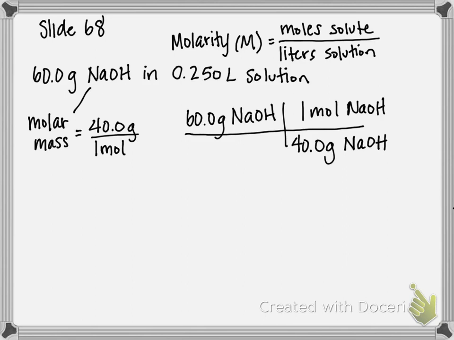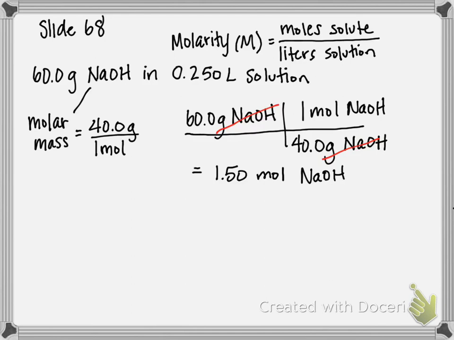That's my molar mass. So that's going to cancel out the grams sodium hydroxide. I'm going to be left in my mole amount, which happens to be 1.5 moles of sodium hydroxide.